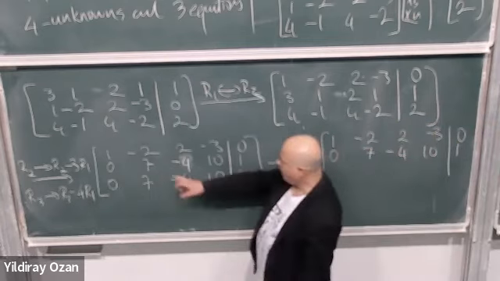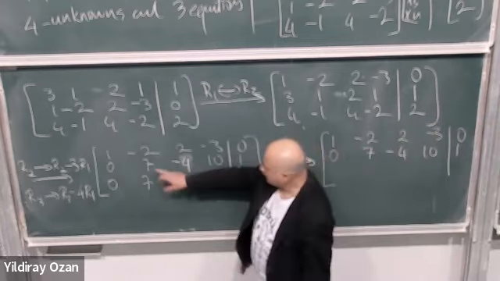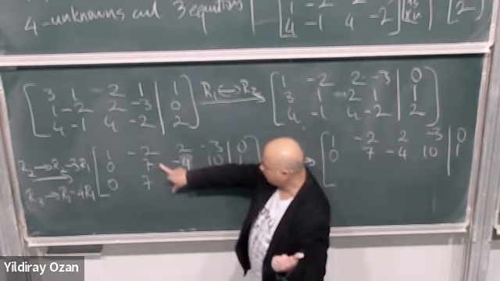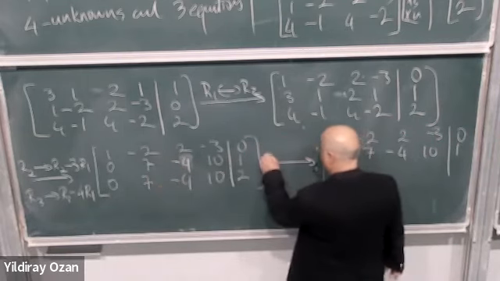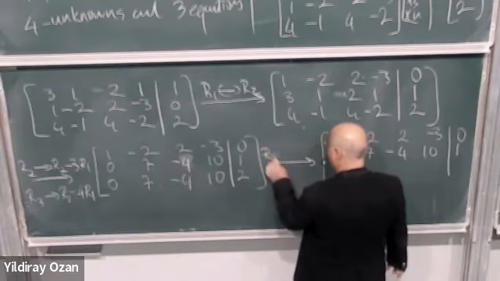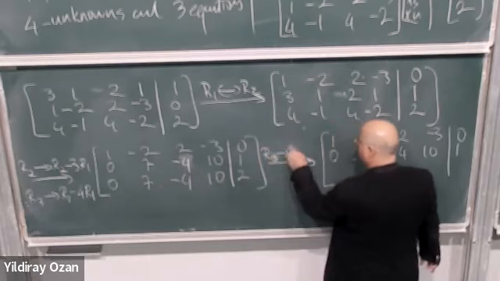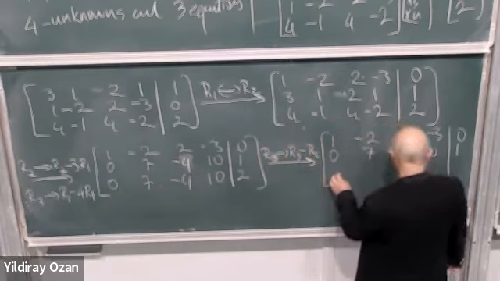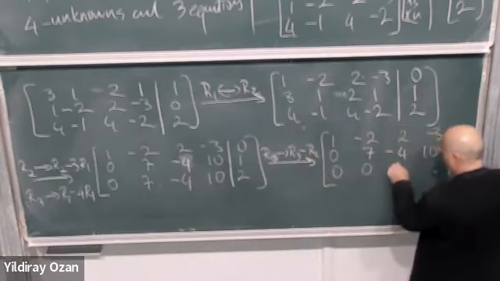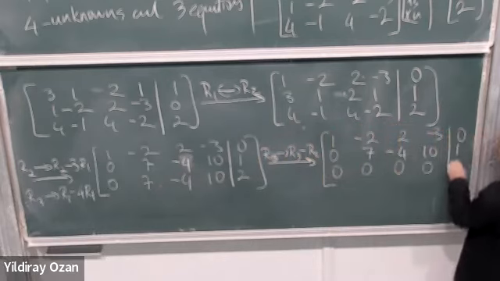But you see, if I just subtract this row from this row, in other words, if I multiply this with minus 1 and add to this one, so third row is replaced by third row minus the second row, you get 0, 0, 0, 0, and 1.